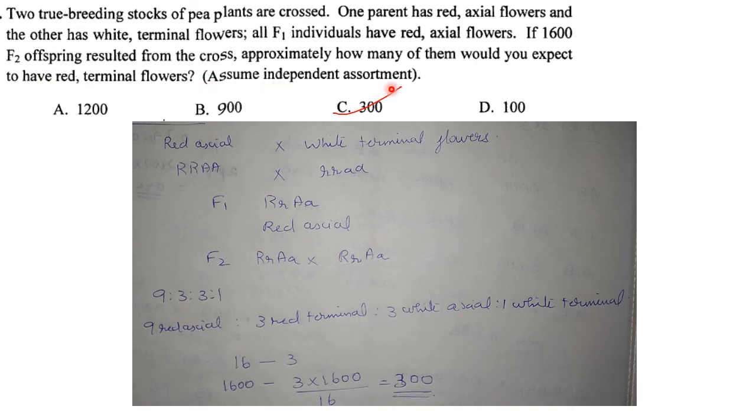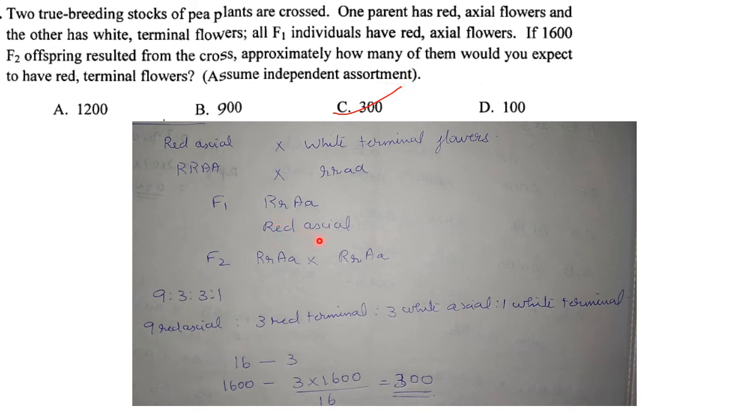Assume independent assortment. So the red axial is the dominant character that appears in the F1.